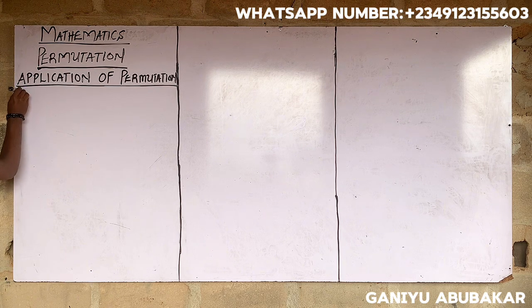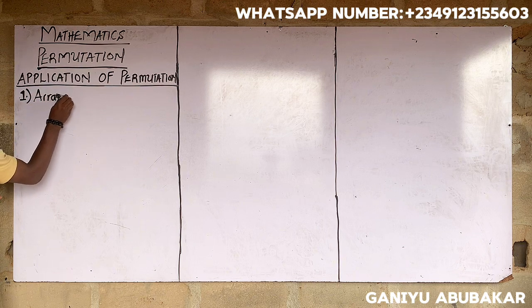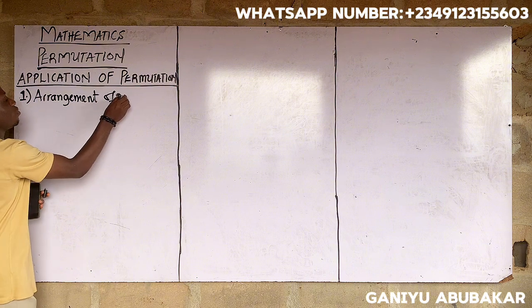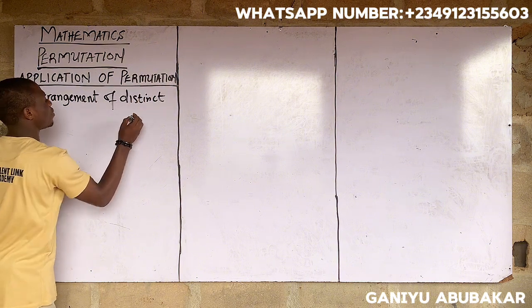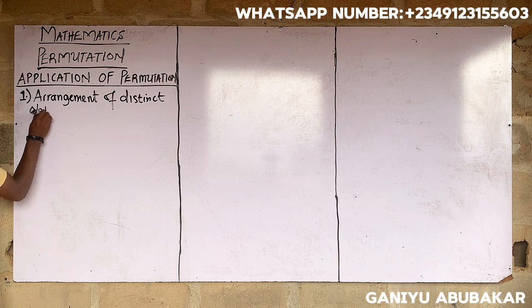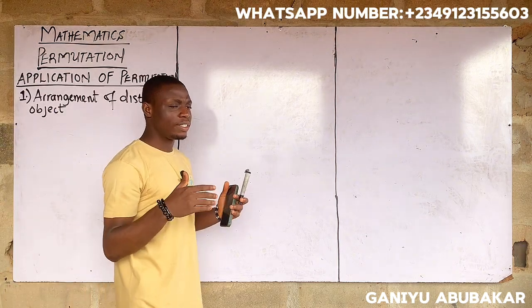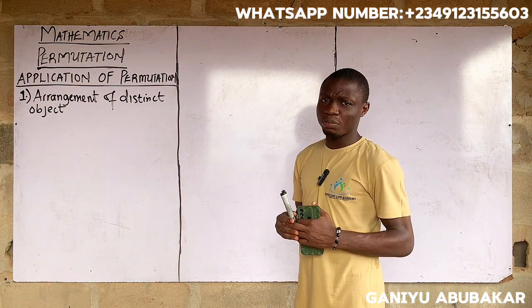Number one, we have the arrangement of distinct objects. So your first application of permutation is simply the arrangement of distinct objects.